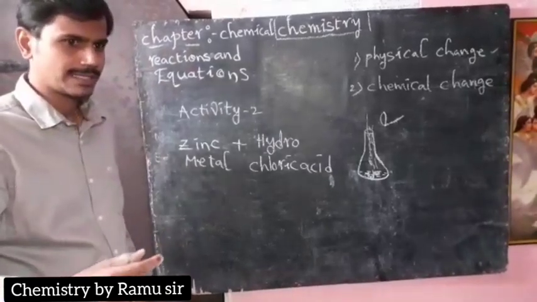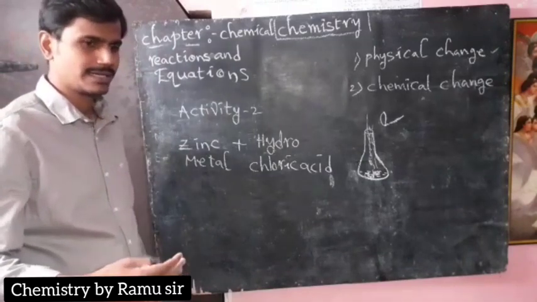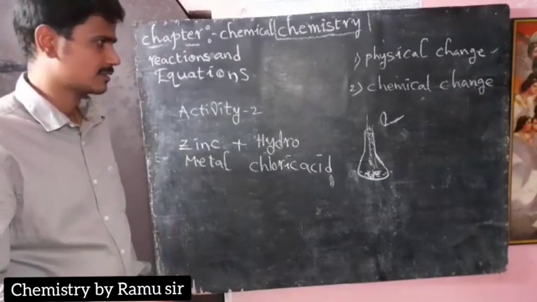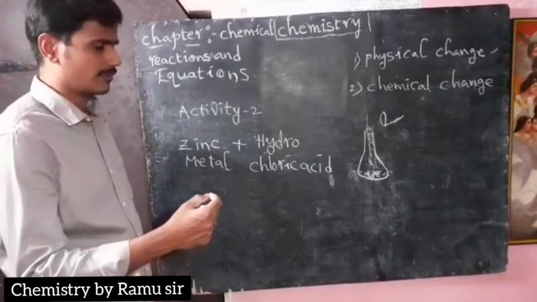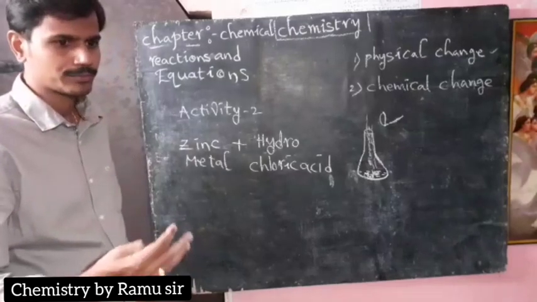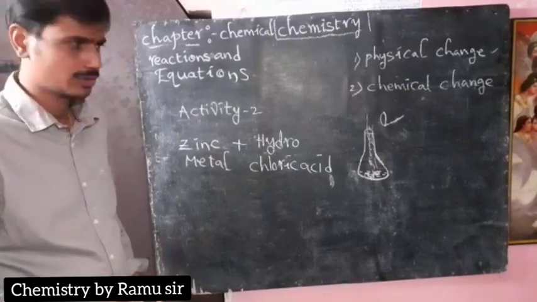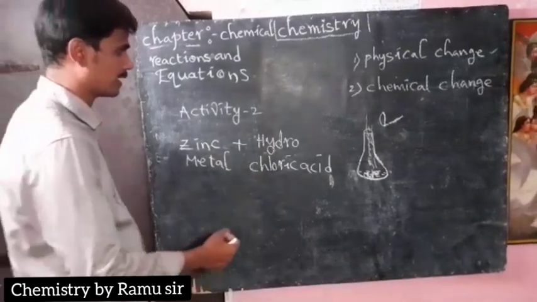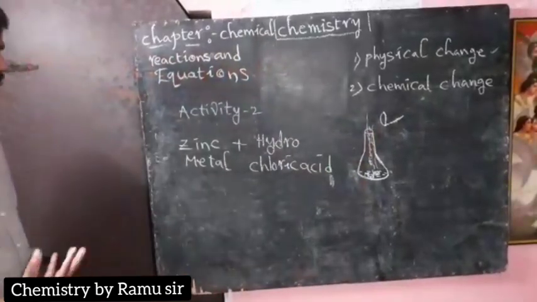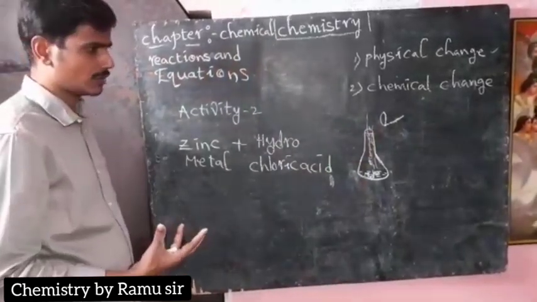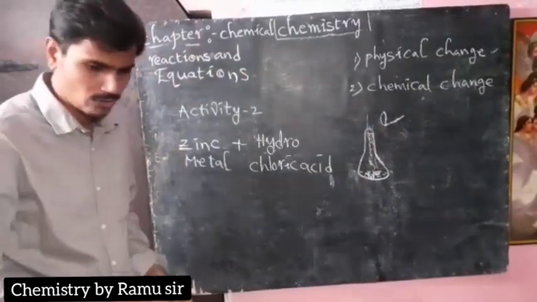To identify gases, scientists have already observed their properties. If any gas, when in contact with a flame, gives a pop sound, that is the property of hydrogen. So when we bring a burning splinter to the mouth of the conical flask, it gives a pop sound, and that is called hydrogen gas.